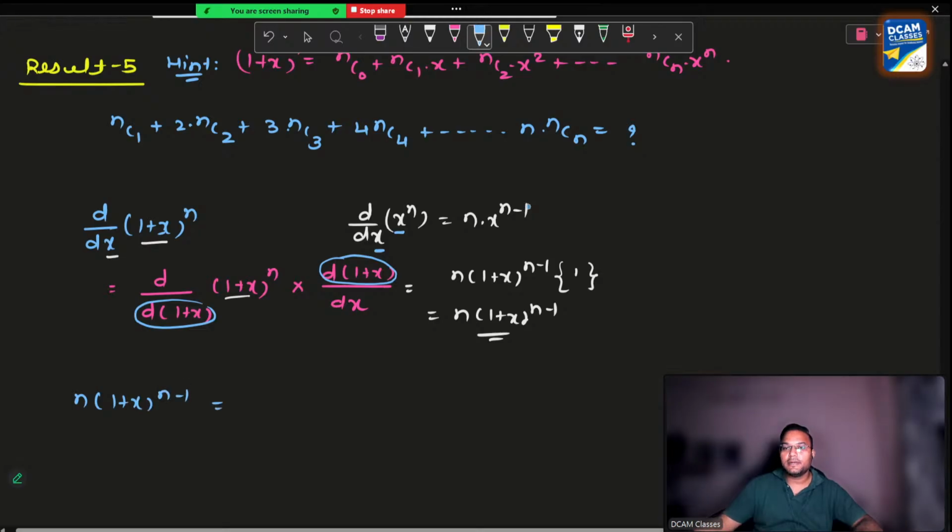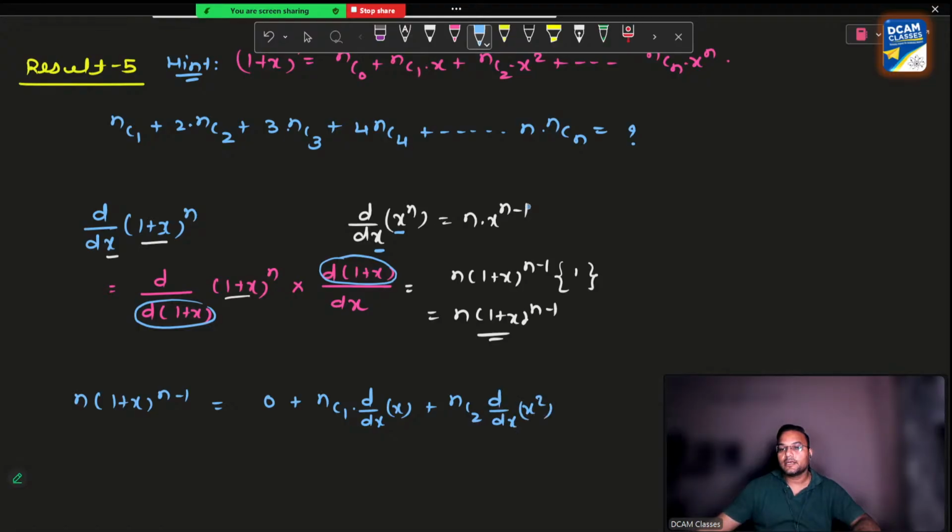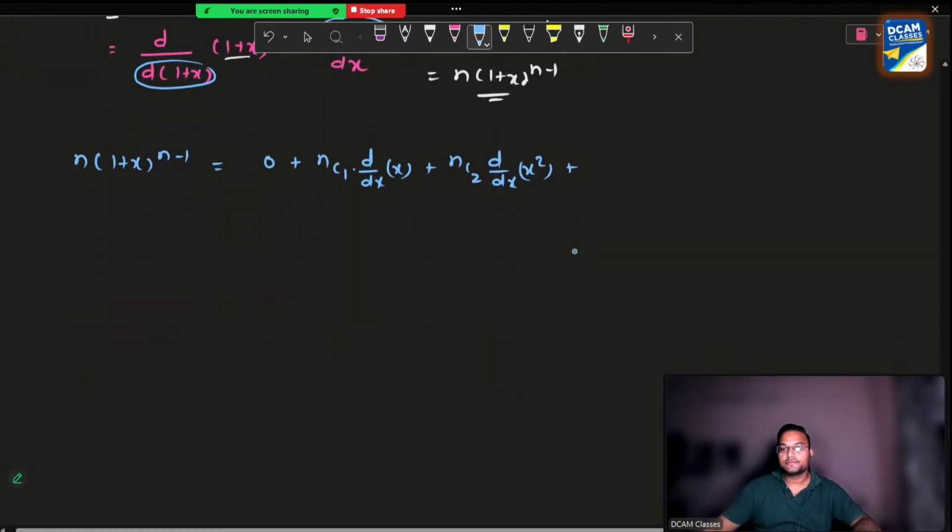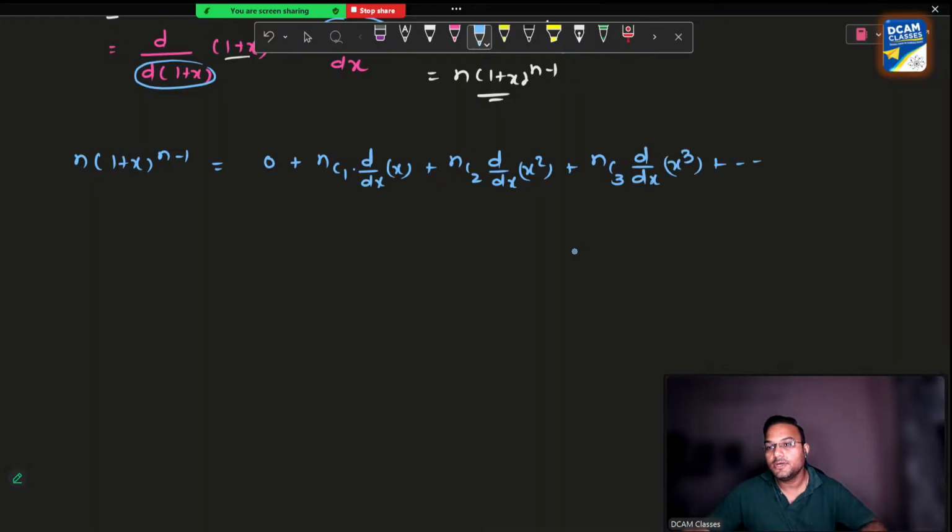On the right hand part, nc naught is constant, so it will become 0. nc1 is constant, it will come outside, and you differentiate x only. nc2 is constant, it will come outside, so you differentiate d by dx of x square. Again nc3 will come outside, d by dx of x cube, and so on, up to ncn d by dx of x power n.